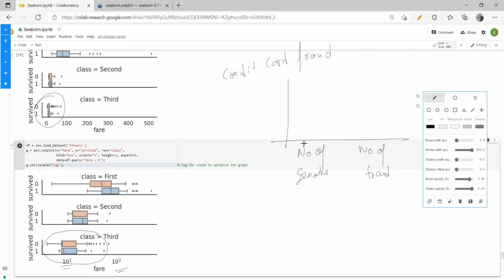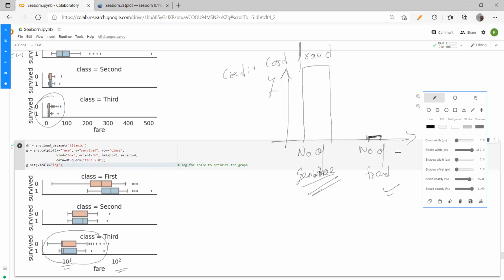This will be a very big one, and this will be a very small one. You will not be able to see it. Of course, on credit cards, the maximum transactions will be genuine and fraud will be a significantly lower number. So these are not visible properly on the graph.